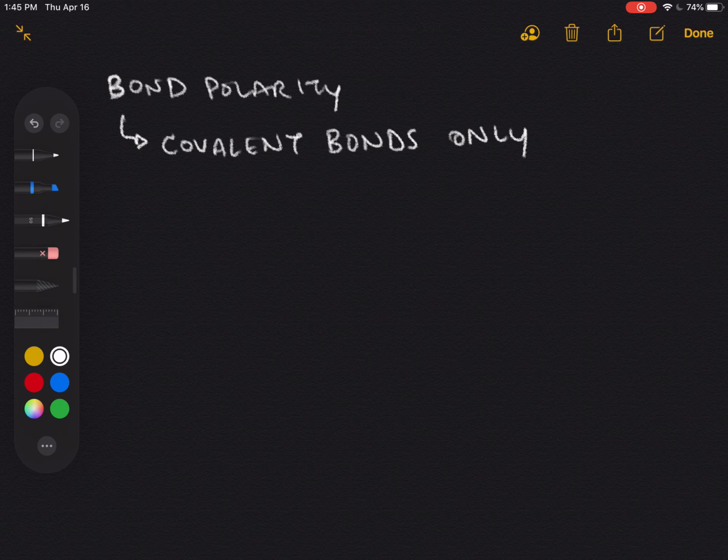But covalent bonds share electrons. Now, they don't always share equally, though. Some elements are electron hogs, and some are happy to let the other ones take the electrons more than they want. So there's an unevenness in how much they pull, how much force they exert on those electrons.